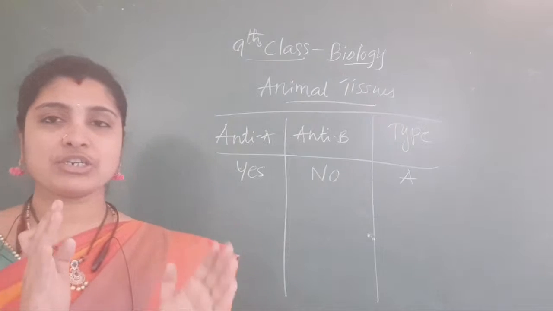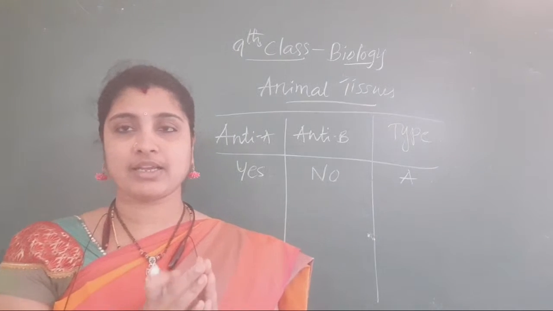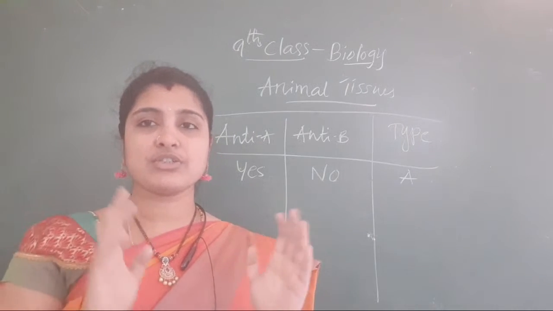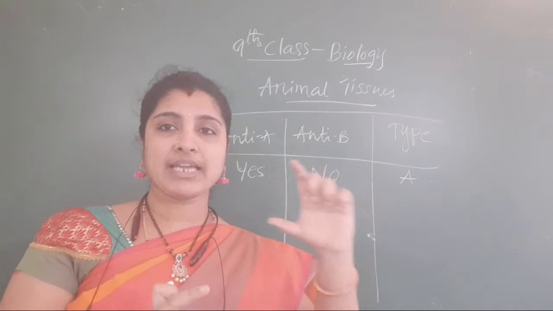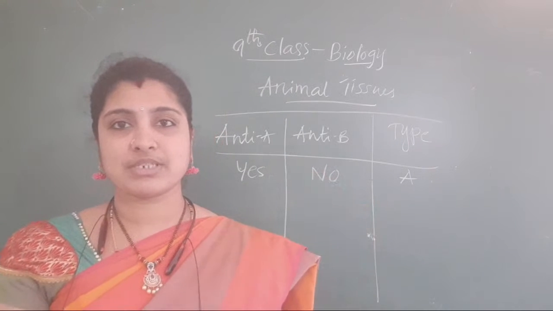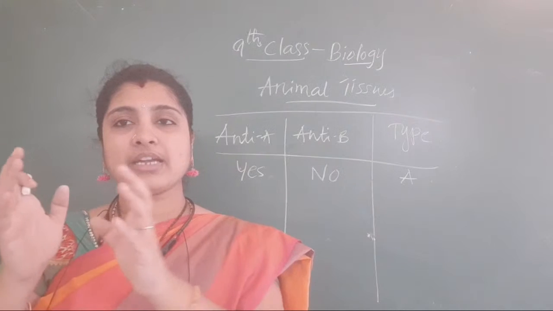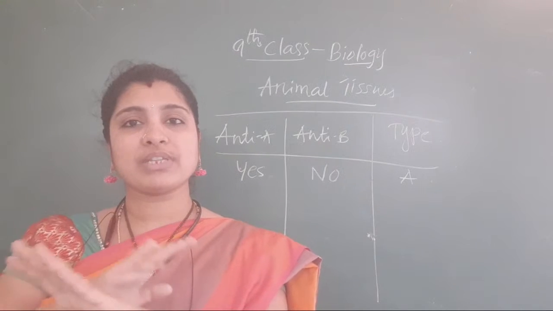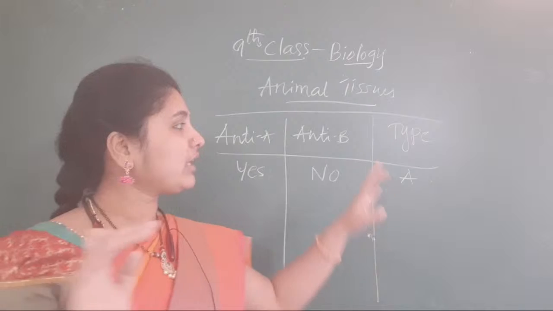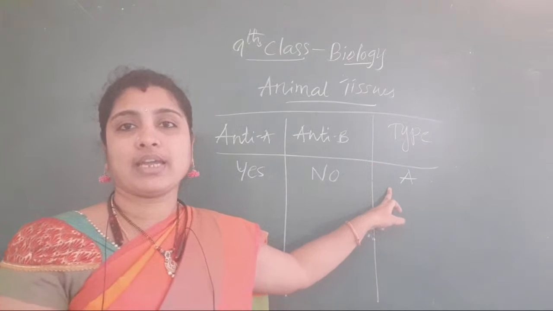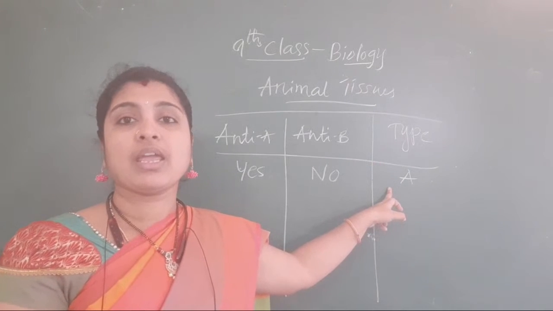The first two circles we are taking. In the first two circles, if the anti-A circle is formed with clumps and if the anti-B circle is not formed with any clumps, then we call that group A group.